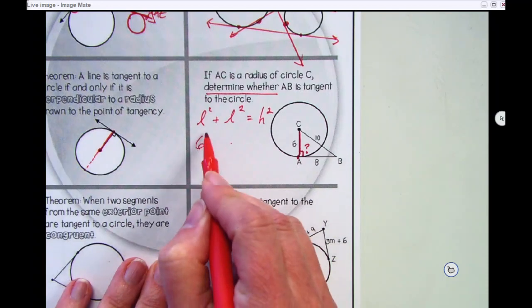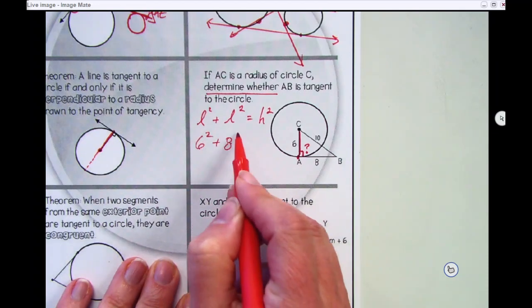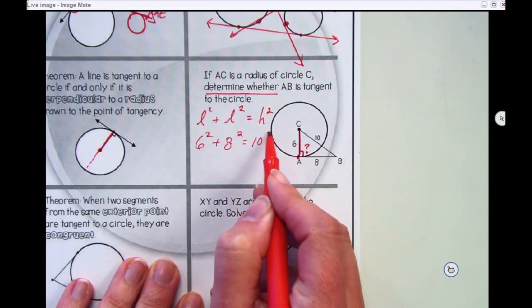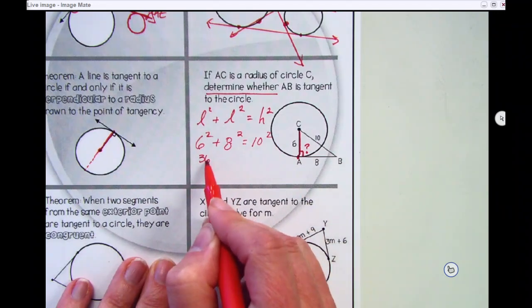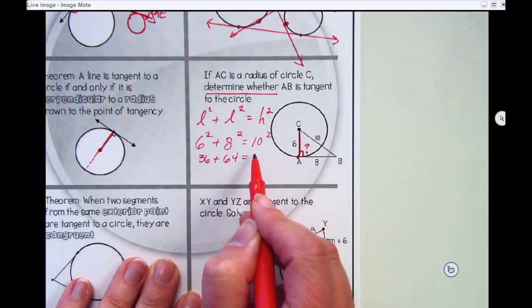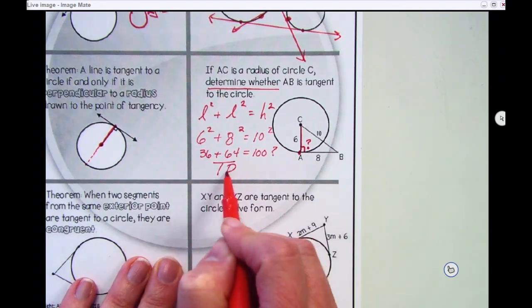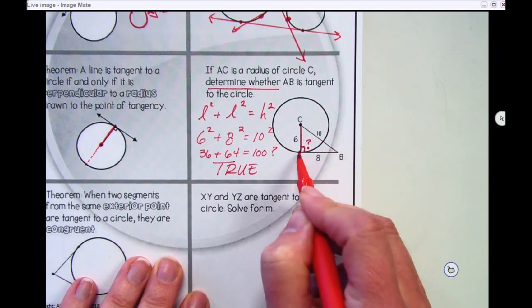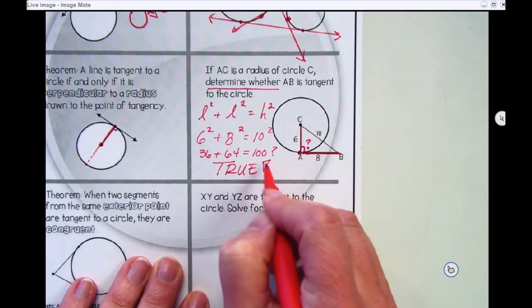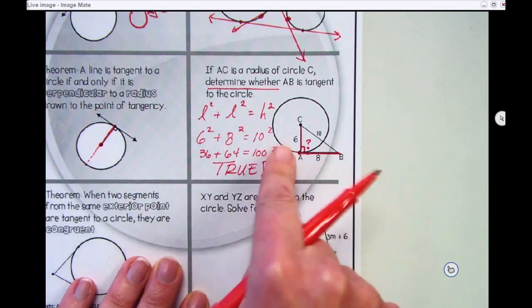So 6 squared plus 8 squared, we're seeing if that is 10 squared. That's 36. That's 64. That's 100. Is that true? Yes. So is AB tangent? Yes, because we have a right triangle.